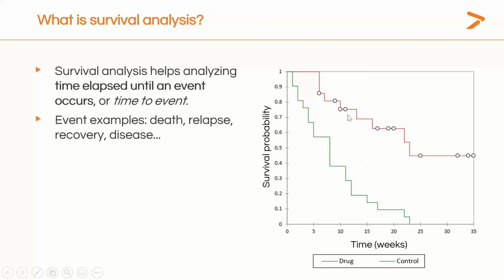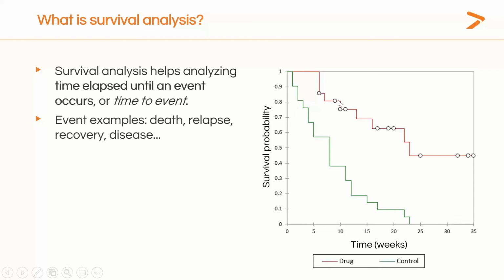You can compare several curves corresponding to several groups of patients. In this case, we have one control group in green and one drug group in red. If I focus on the red survival curve, and I take, for instance, the 10th week, I can say that at the 10th week, I have around 0.8 survival rate.